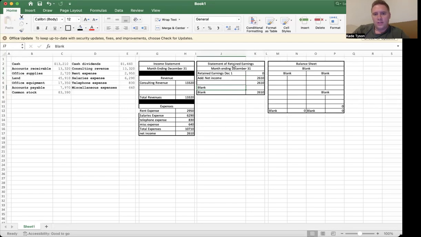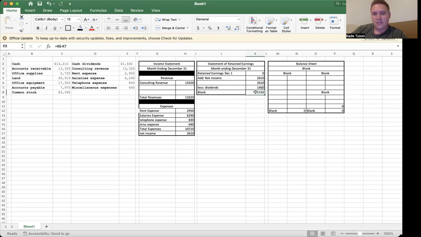Then, to get our retained earnings, we want to see what we received, but then had to pay out to our shareholders based on everything that we earned, our dividends. So we're going to subtract out our dividends. And that was 1,460, seen here on cash dividends.